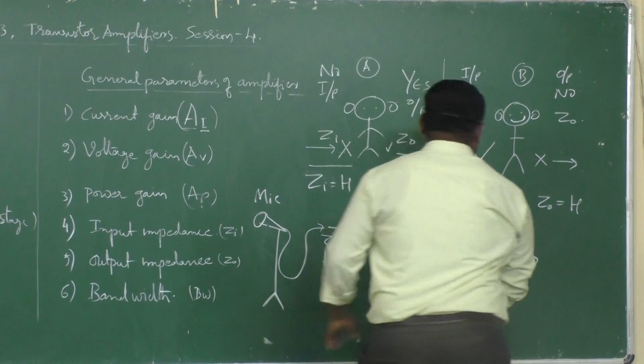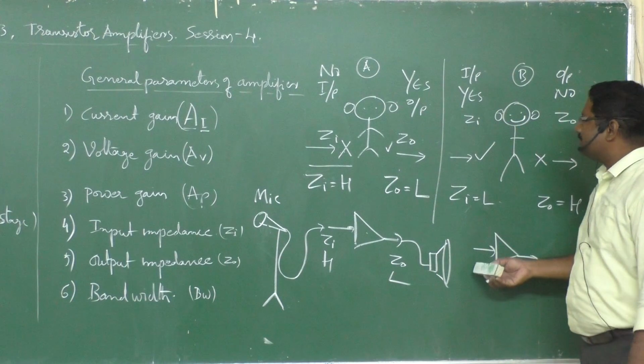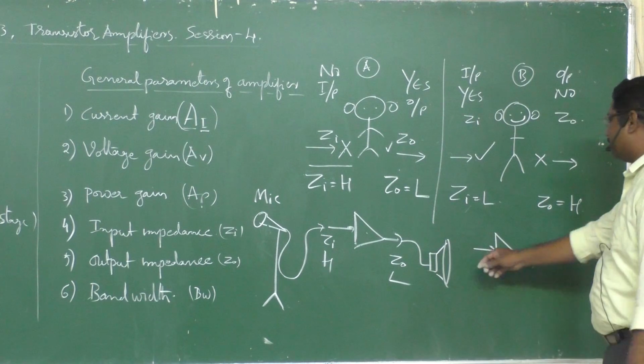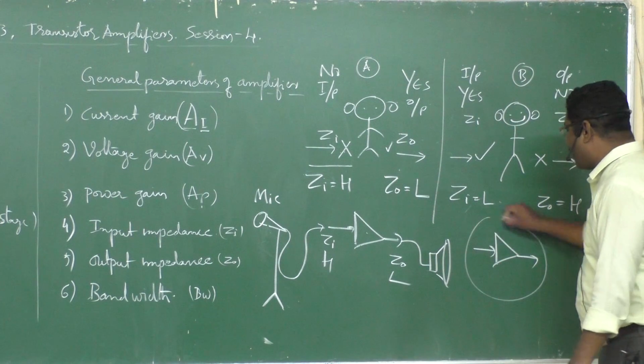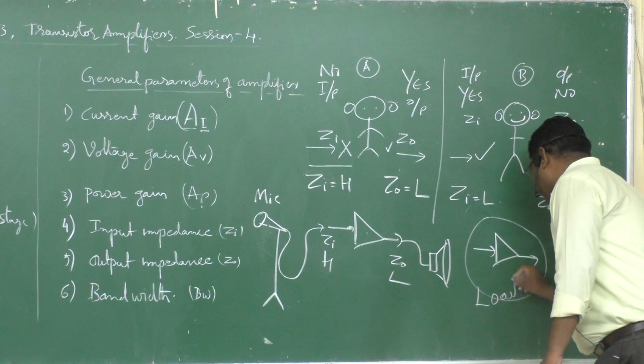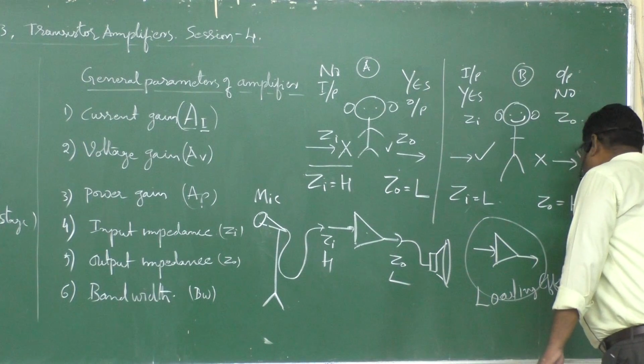And similarly, in the other case, where input impedance is low and output impedance is high, no signal will be taken. Here we will see what we call the loading effect. So what do you mean by loading effect?